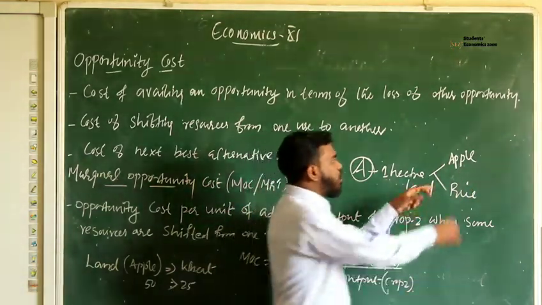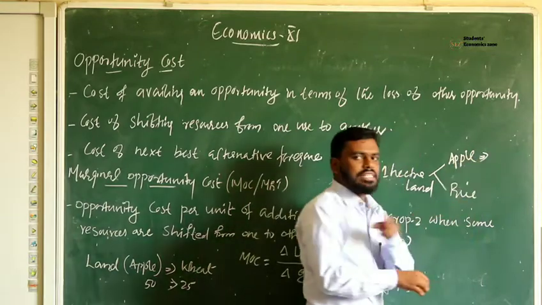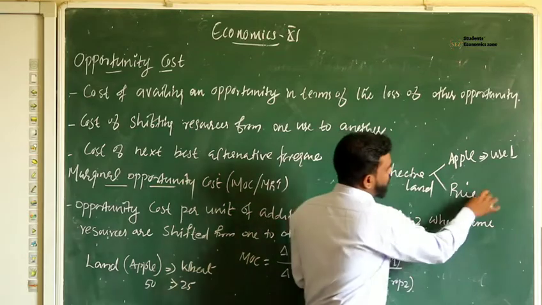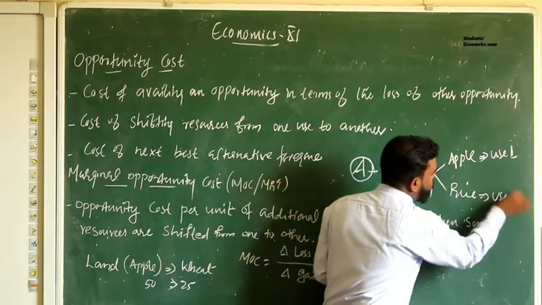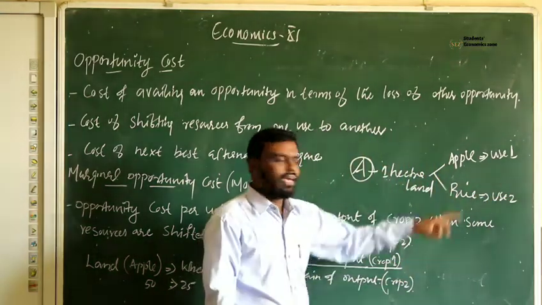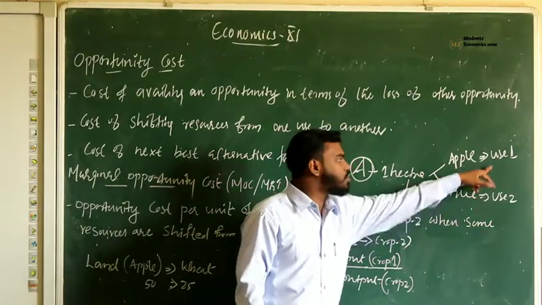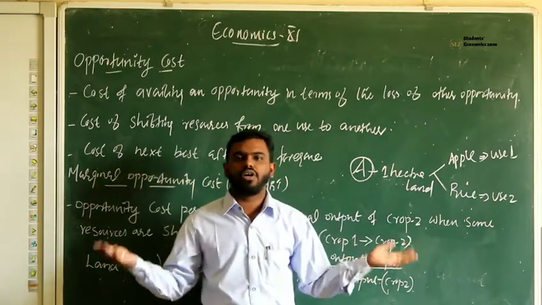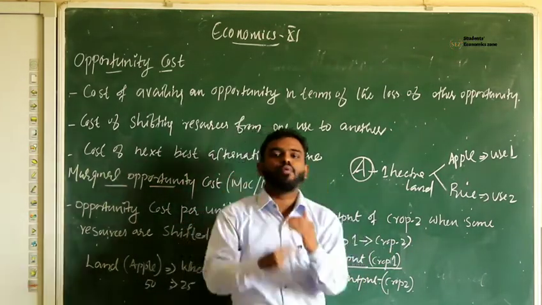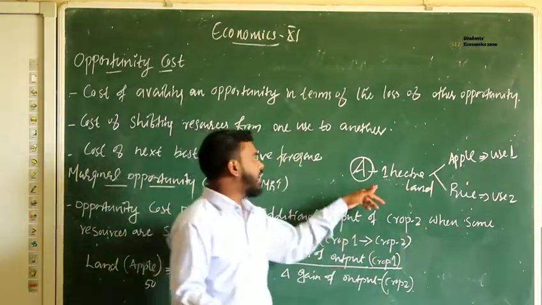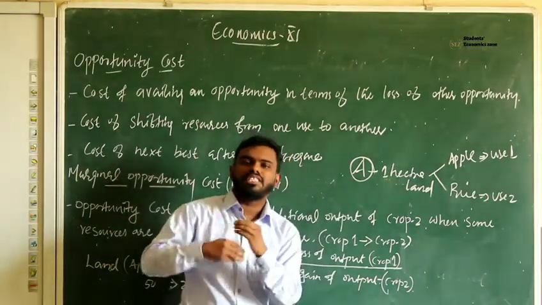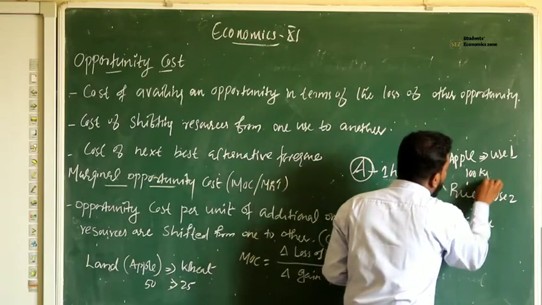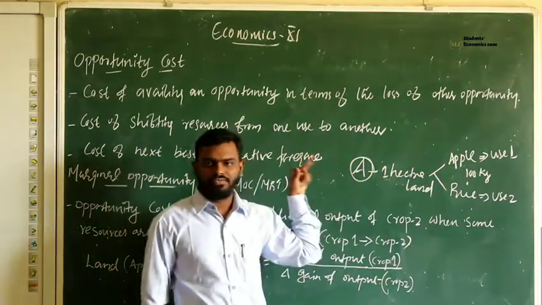The production of apple is known as use 1, and we can treat the production of rice as use 2. If he uses this 1 hectare of land for the production of apple, then he can produce 100 kilogram of apple from that land, for example.